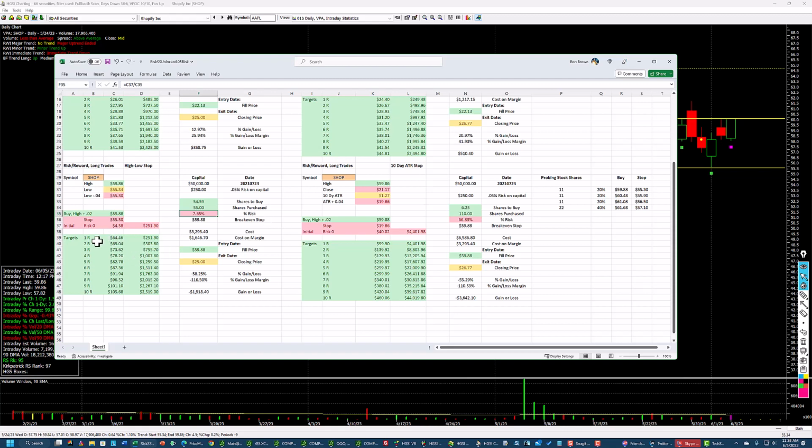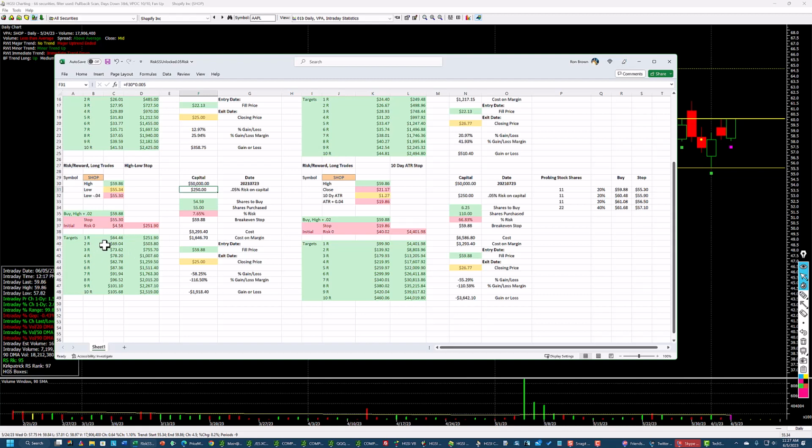Now, if the stock moves up one level, or 1R, remember my R is $250. You can see that right here. If I move up to 1R positive, it's going to have to get up to 64.46, and my profit would be $251.90.